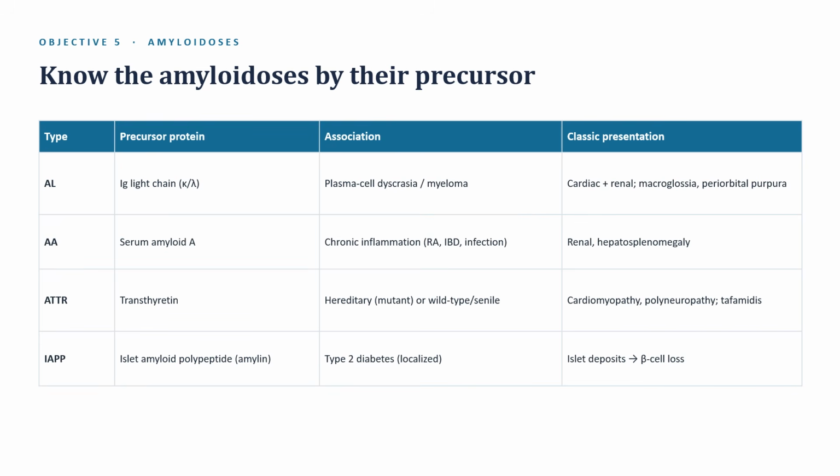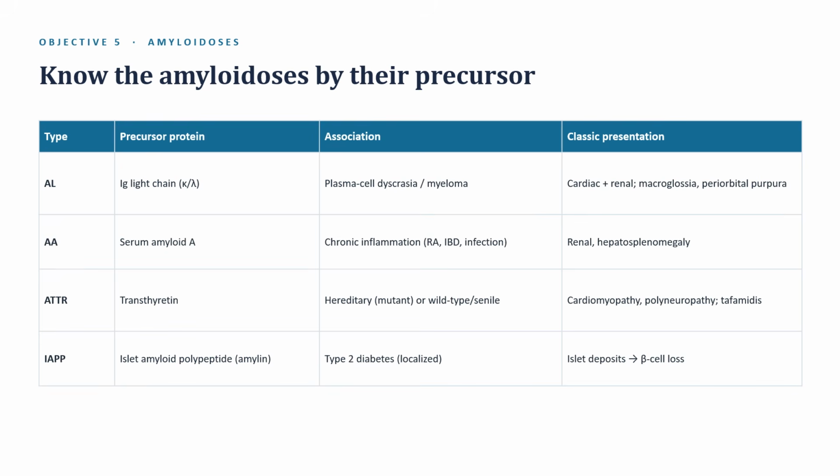When amyloid deposits outside the nervous system, we group the diseases by the protein that forms them. And this table is high yield, so learn it by precursor. AL amyloid is made of immunoglobulin light chains, and it points you to a plasma cell problem like multiple myeloma.